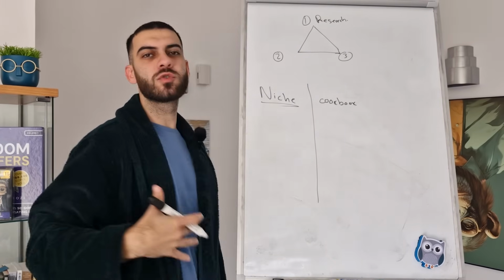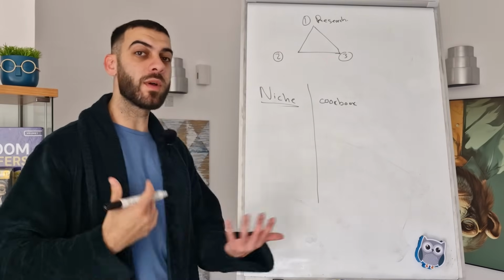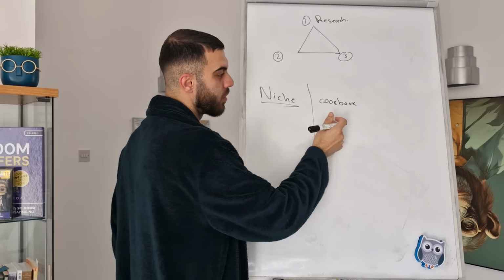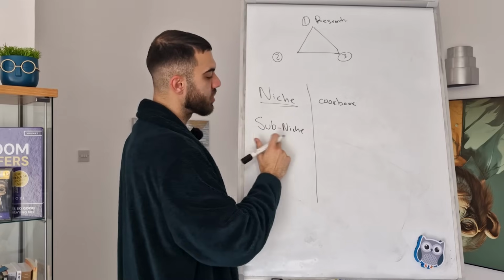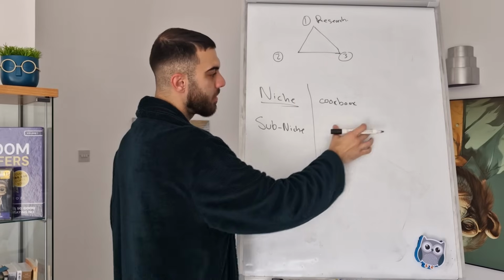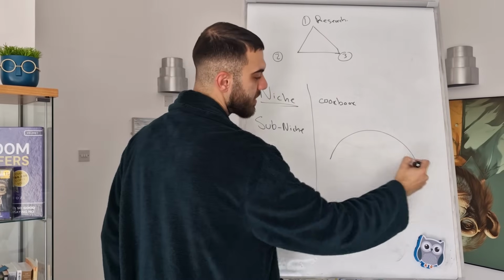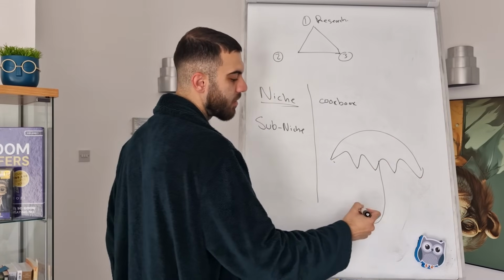Now, cookbook is super broad. So a cookbook can literally be any cookbook. So what we want to ask next is what type of cookbook are we making? In other words, what sub-niche are we going to publish it? Now, sub-niche is one layer underneath. If niche is the umbrella, then sub-niche is the layers underneath. If this is the umbrella, don't know if this is what umbrella looks like. It's almost there. Scary umbrella, but it's all good.